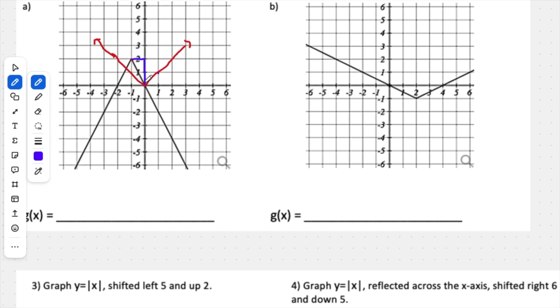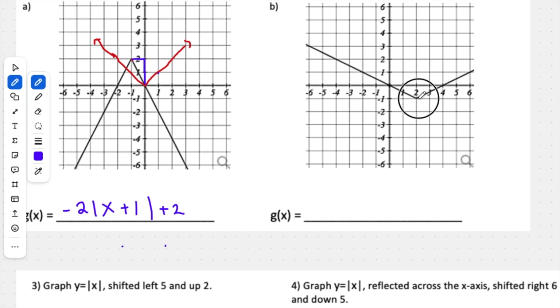Now when I'm putting in that equivalent, I'm getting out twice as much, or 2, and it's opening down. So that tells me there's going to be a -2 in front of the absolute value. So that's our stretch and our reflection. Then we have our x. This shifted left 1, so that would be a plus 1 on the inside. And it shifted up 2, so it should be a plus 2 on the outside.